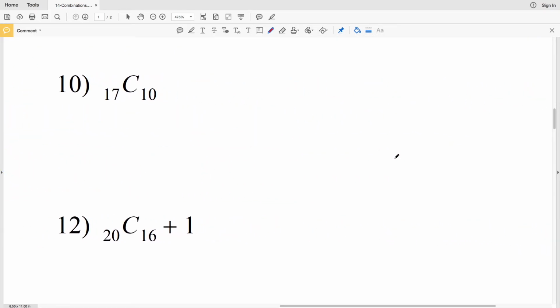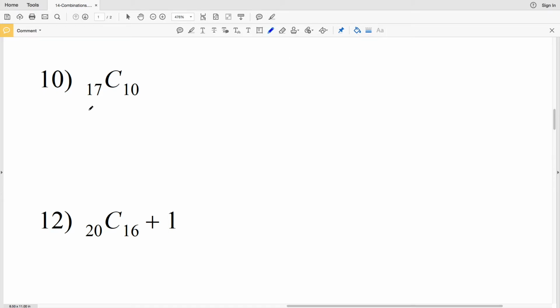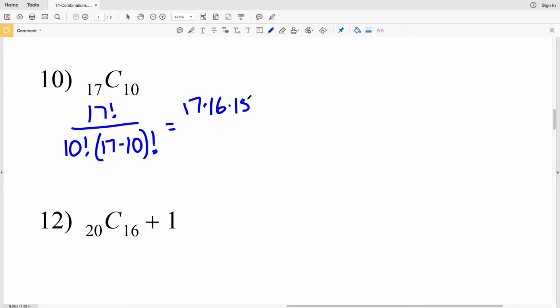And number 10, 17 choose 10. 17 factorial all over 10 factorial times (17 minus 10) factorial. So 17 factorial, I'll write as 17 times 16 times 15 times 14 times 13 times 12 times 11 times 10 factorial.